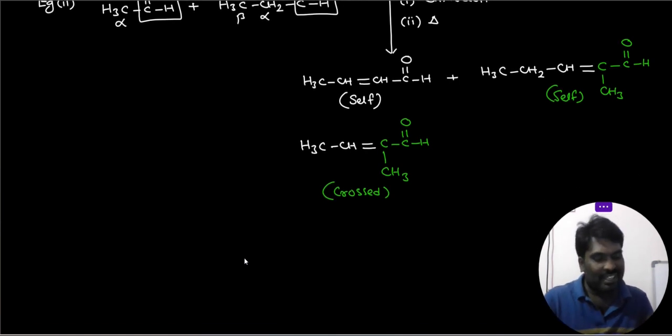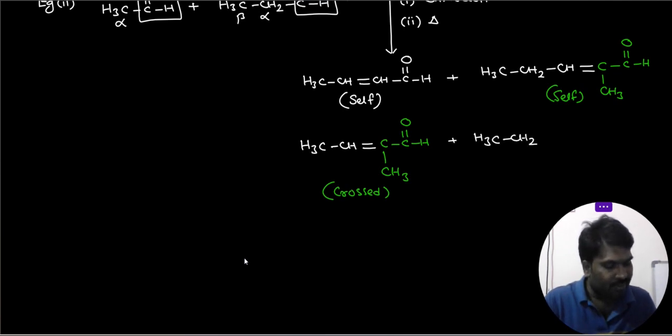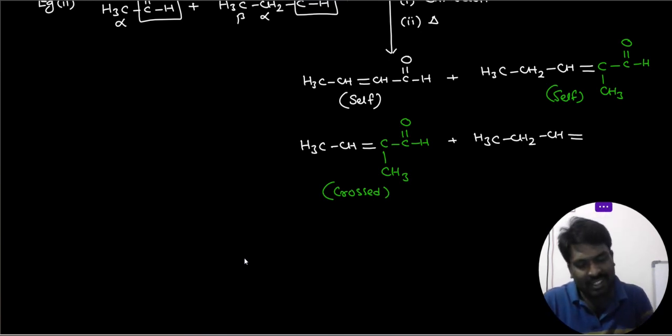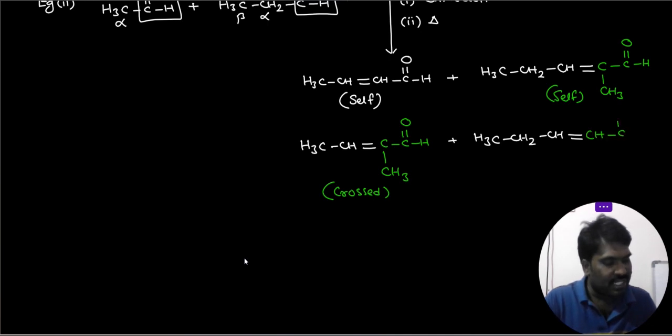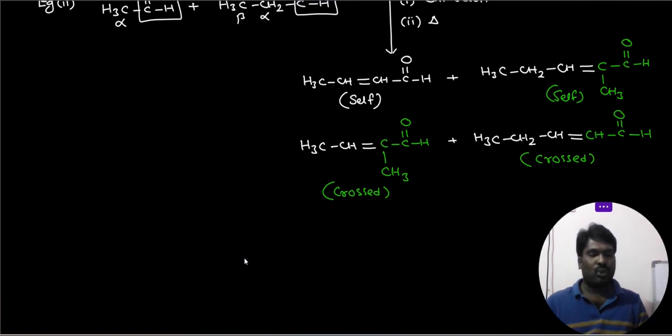Now, from propanaldehyde the oxygen, from acetaldehyde you can remove the alpha hydrogen. This is also crossed. So very important: 2 self, 2 crossed. How many products are formed? 4 products are formed. So very simple. Once you go through this lecture, definitely you will understand this concept.